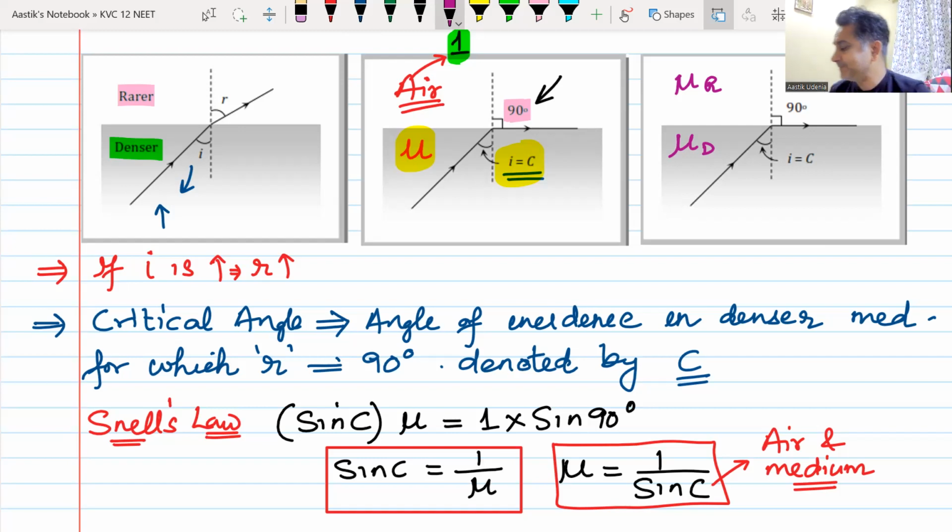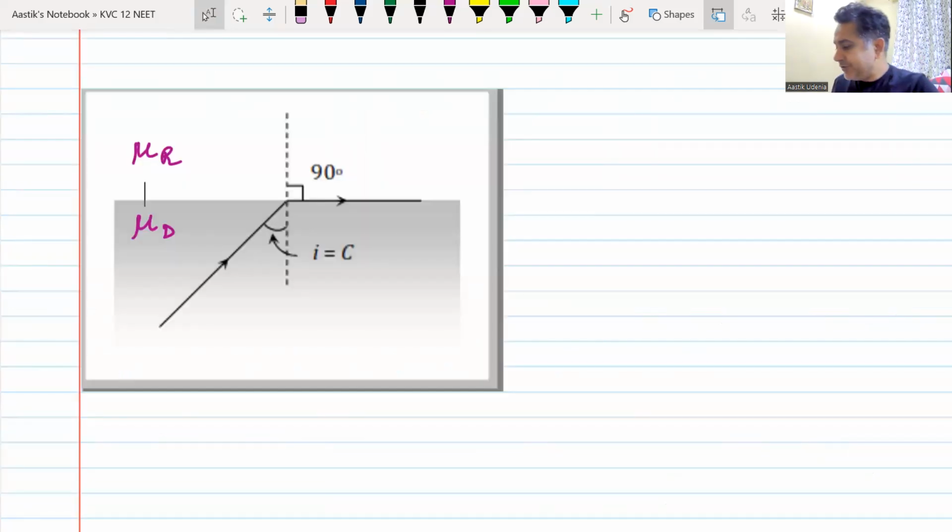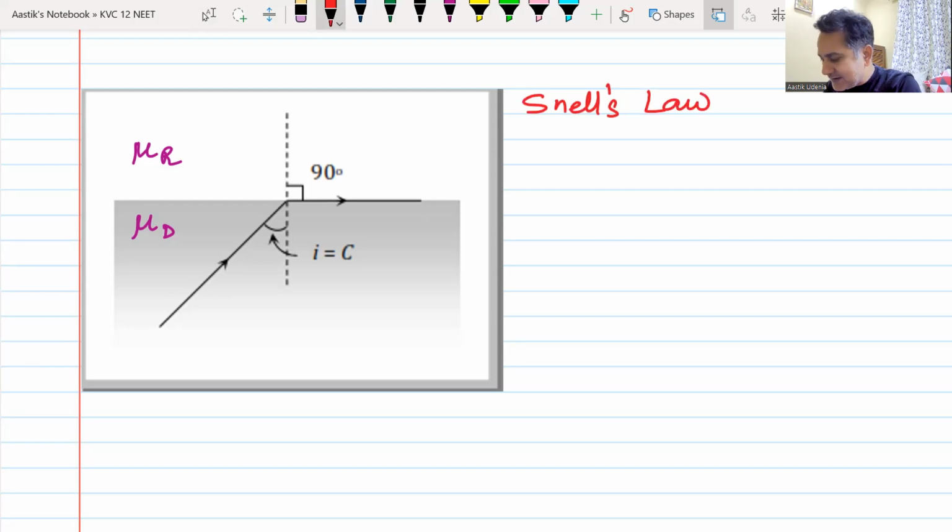What is the relation between mu R, mu D, and C? How will I find it out? I will again apply Snell's law. What will be the Snell's law in this case? Tell me quickly.